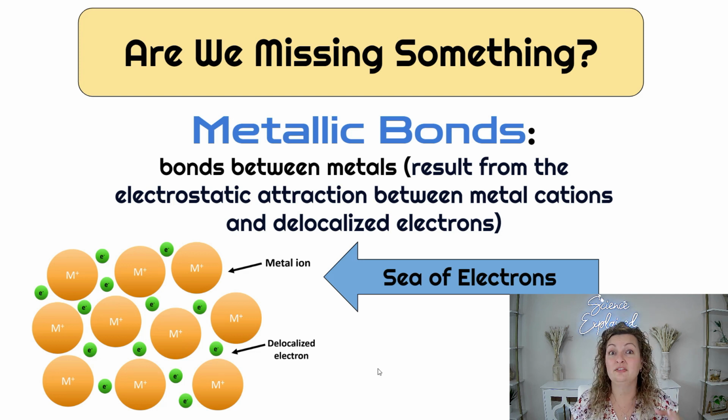And there's this whole sea of electrons that's happening, and you can see this in between the positive charges. And this allows electricity to flow through those electrons in that sea of electrons really easily. But we're not going too far in depth. This is all you need to know, is that metallic bonds do exist. They are out there, but that's pretty much all you need to know.